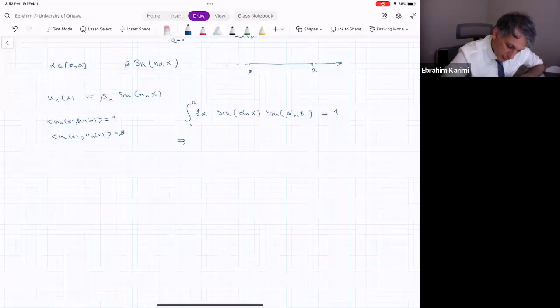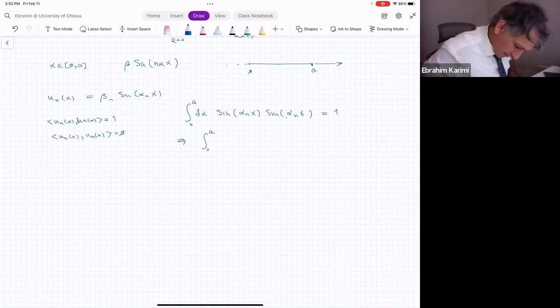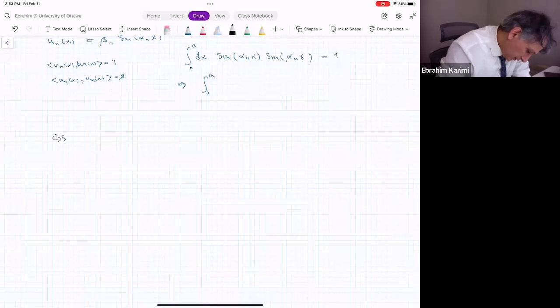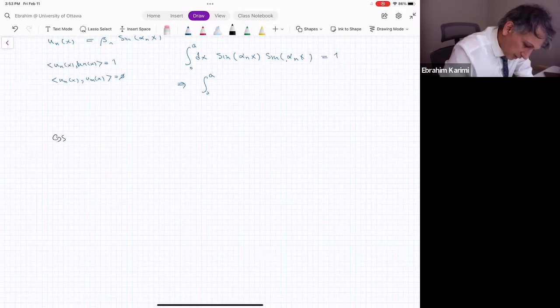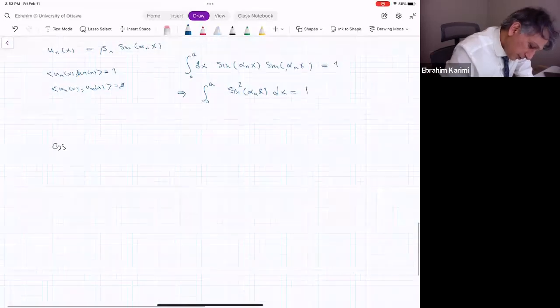From this relation, what we will get is the integral from 0 to a of sine power of 2 of alpha_n x dx equal to 1, with a beta power of 2 as well.